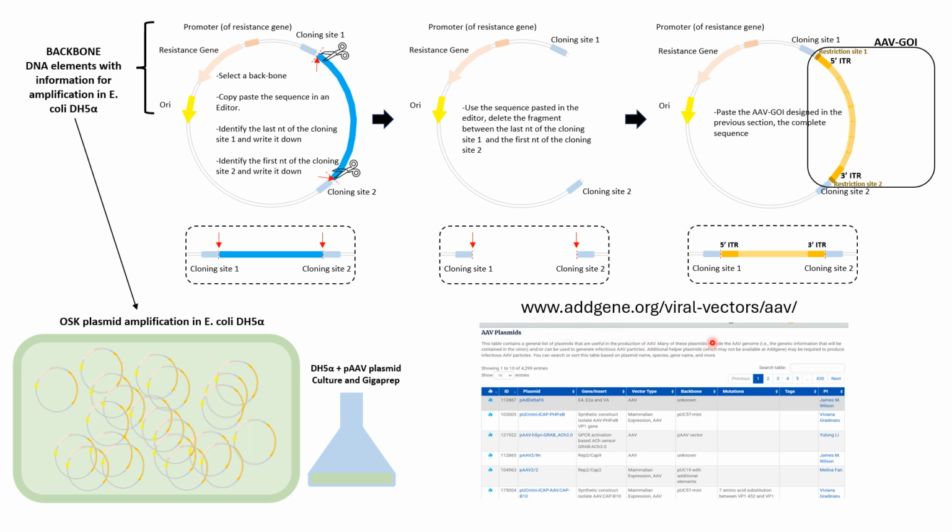Yeah, this provider has very nice backbones. So this website has a lot of plasmids that you can use as a backbone, okay, kind of a template. You can find this website at www.atgene.org/viral vectors/AAV.